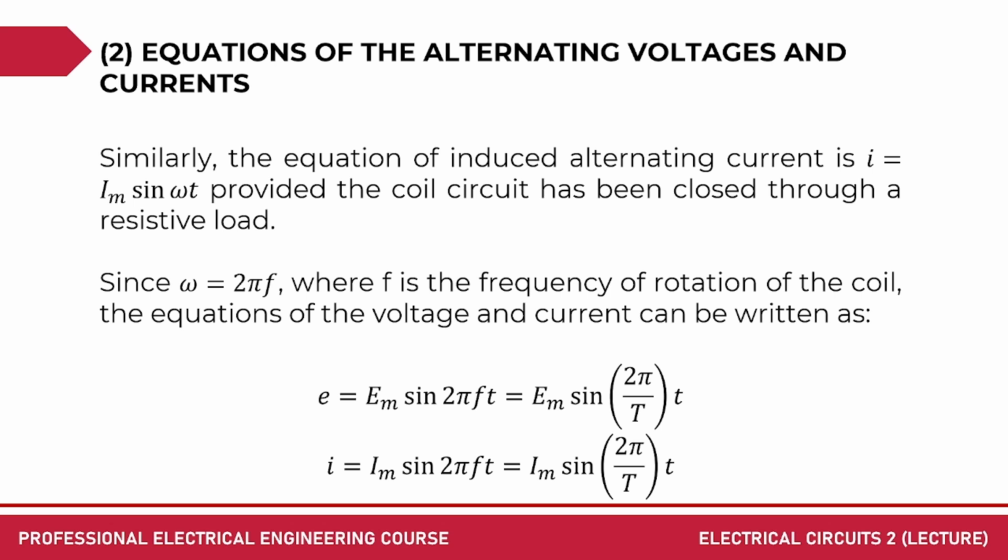Take note that the f there is frequency, and frequency is 1 over T. From your trigonometry, T itself is the period of the wave. Later on we'll use that.